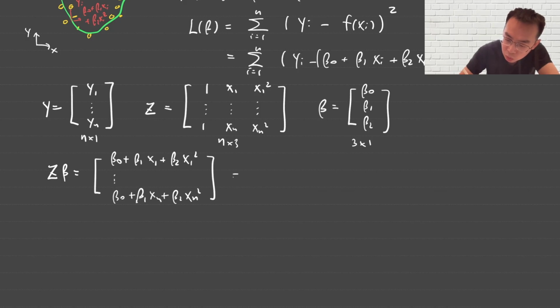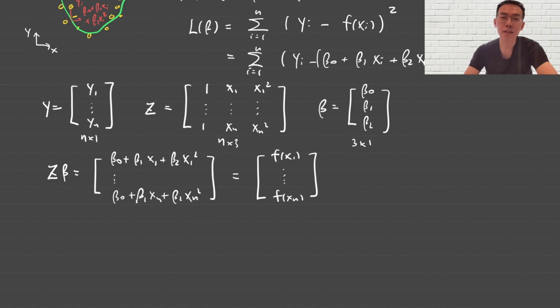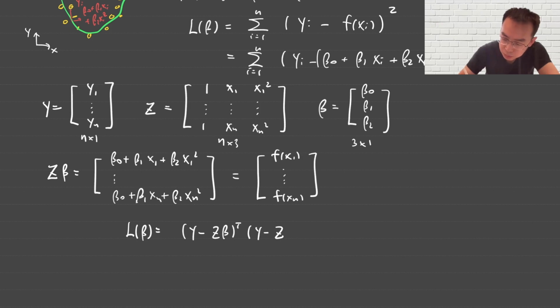And that is our f, right? It's the same as f of x1 to f of xn. So this is nice. That means we can rewrite the objective function L of beta as y minus Z beta, transpose, times y minus Z beta. That is the exact same objective as our linear regression.